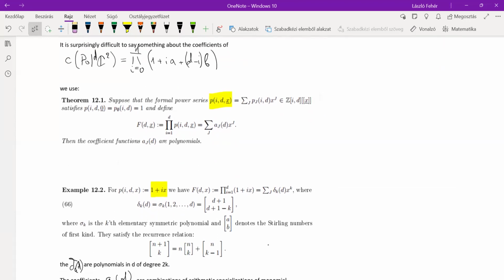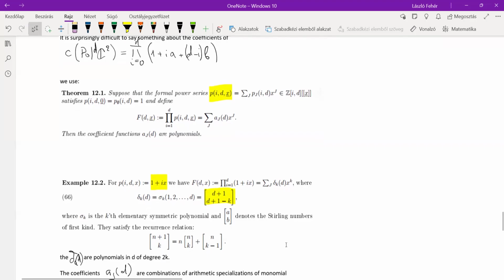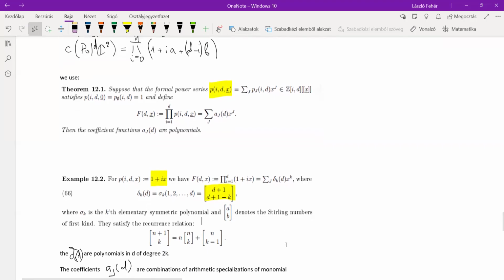The key observation is that this guy here is a polynomial in D of degree 2k. I think this is already a good exercise for students to figure that out. And actually there are no closed formulas for the Stirling numbers. So the best you can say is this recurrence relation.